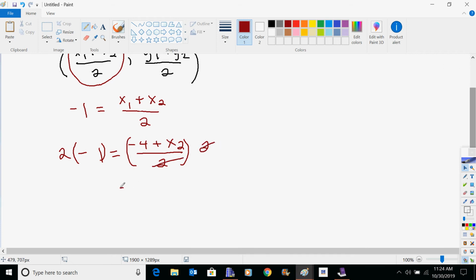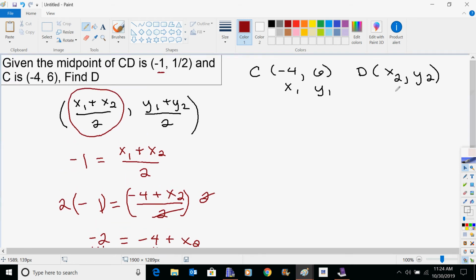And we have -2 equals -4 plus x2. Because we have to add 4 to both sides, for those that missed that. So x2 is part of our answer.